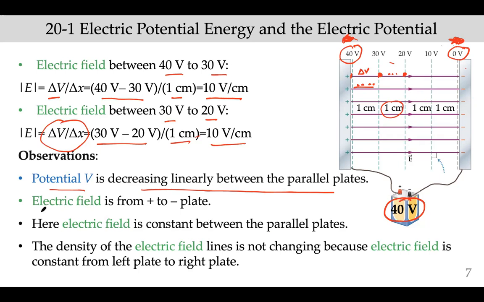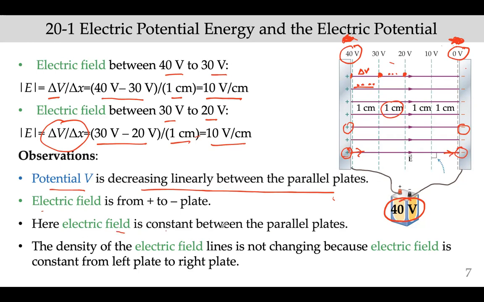The other thing is the electric field is from the positively charged plate to the negatively charged plate. And that makes sense. That's in line with what we learned in chapter 19. We learned that electric field lines go out from the positive charges and they go into the negative charges.